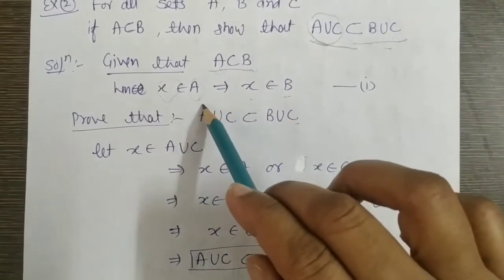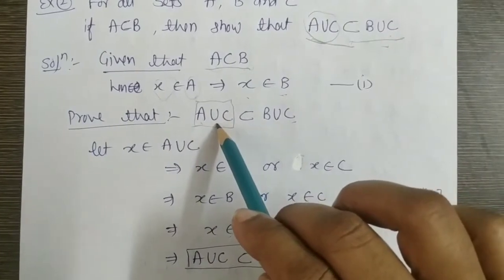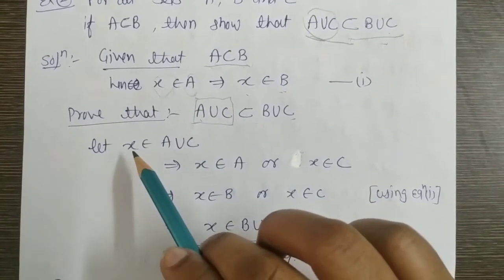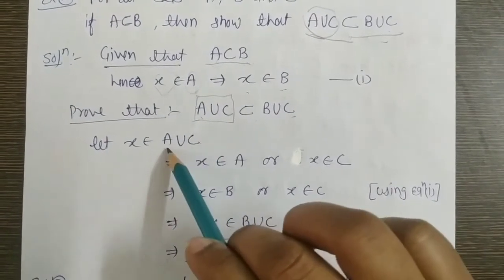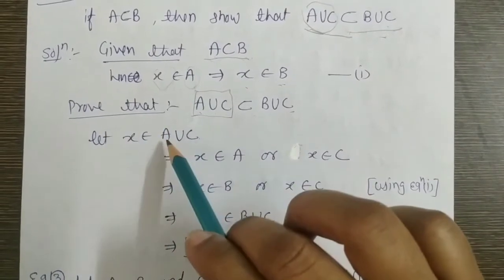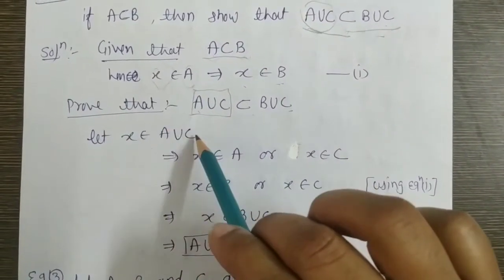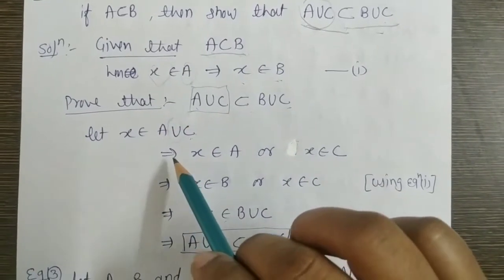So we will start with the left hand side, taking an element of A union C. Let there be an element X which belongs to A union C. This means X may belong to A or may belong to C, because here we have union.